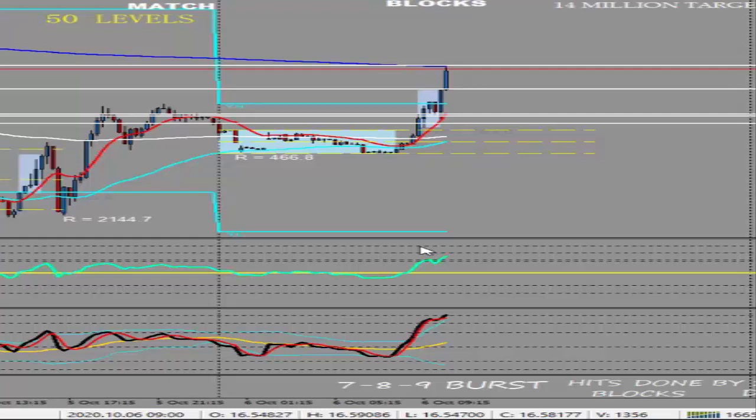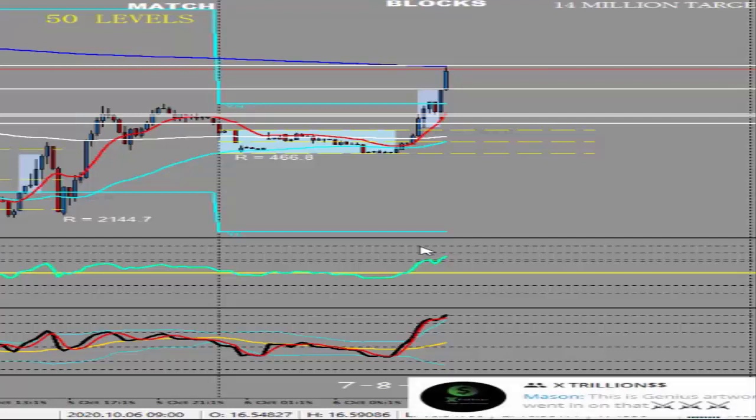However, you need to understand, guys, that the EMAs are made solely by the market makers, and they are used by the market makers to trap the retail traders.